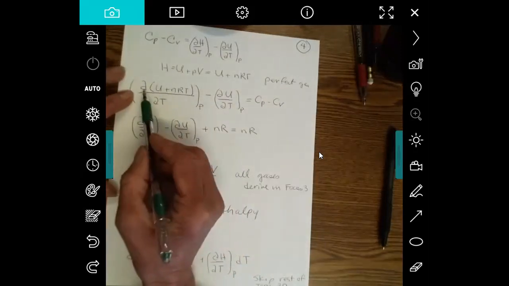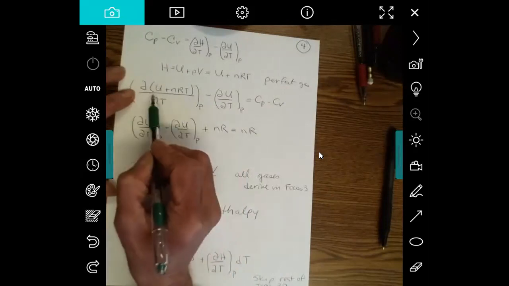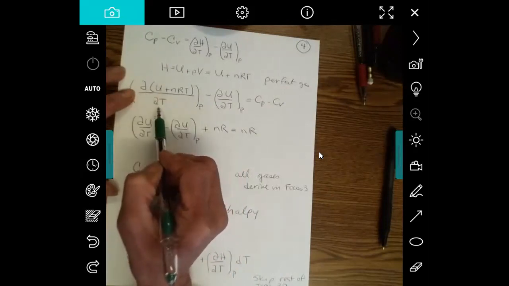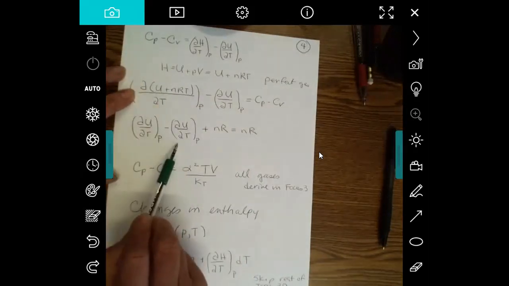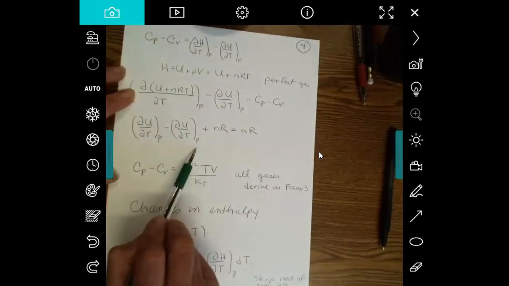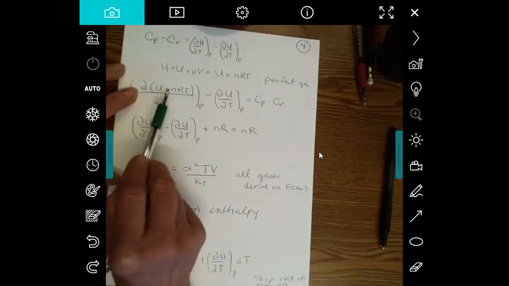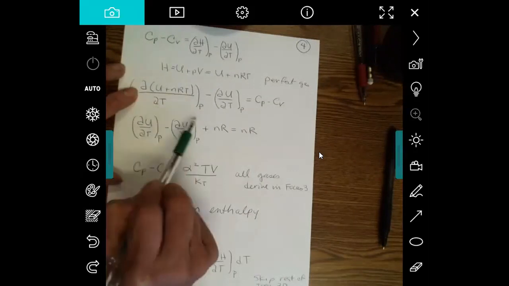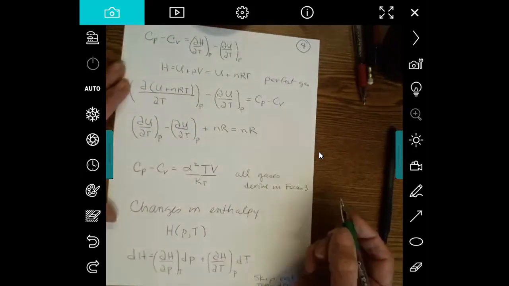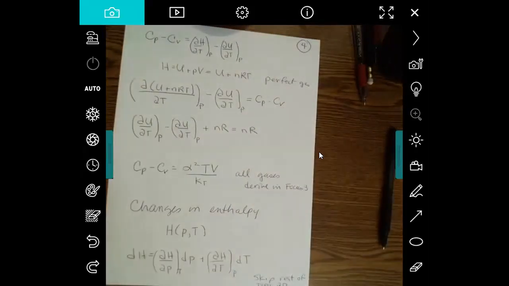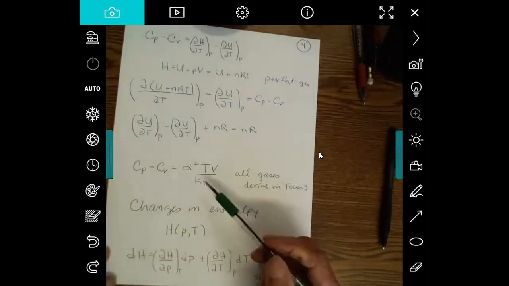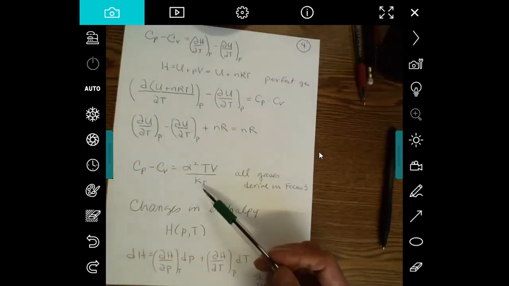If I expand this, it's going to be dU/dT at constant P plus d(nRT)/dT at constant P. So I get dU/dT at constant P minus dU/dT at constant P plus, if you take the derivative of nRT with respect to T, you get nR. And so you've just proven that the difference between the heat capacities is equal to nR for a perfect gas. For all other gases, we're going to look at this again in focus 3. We'll see that it's alpha squared times temperature times volume over kappa T.